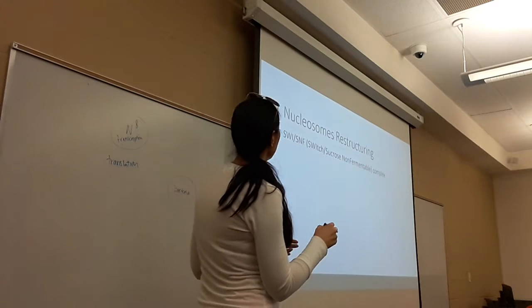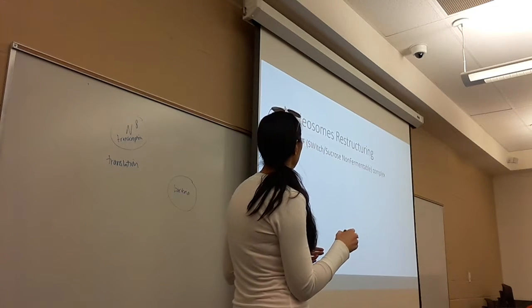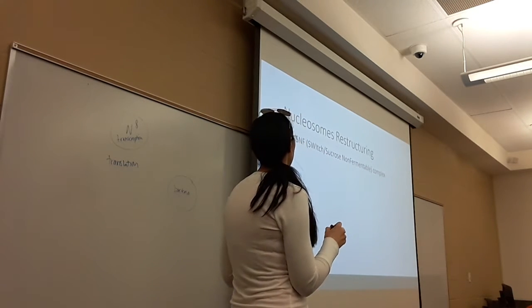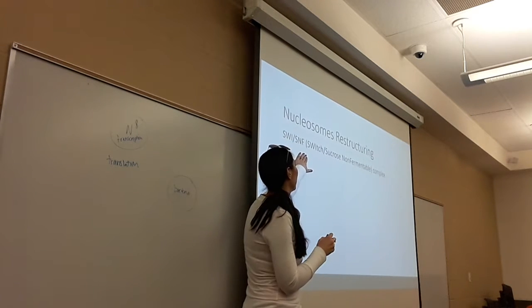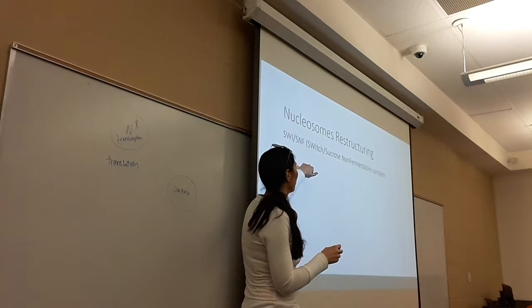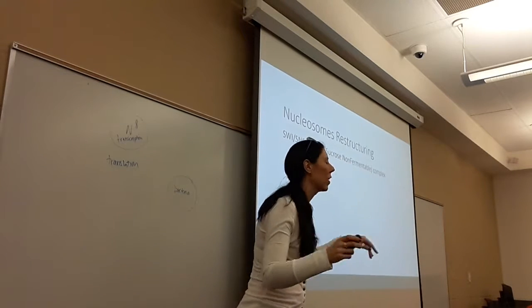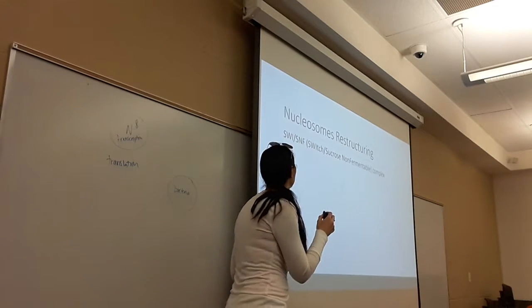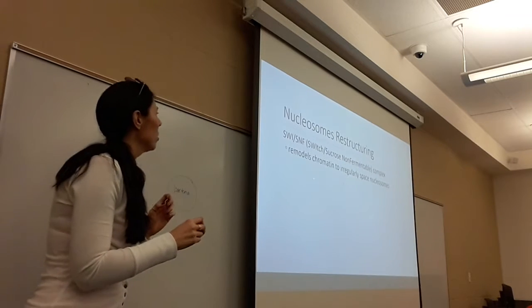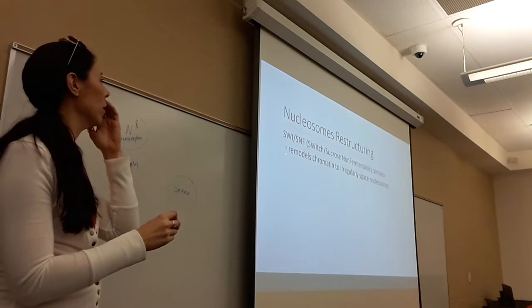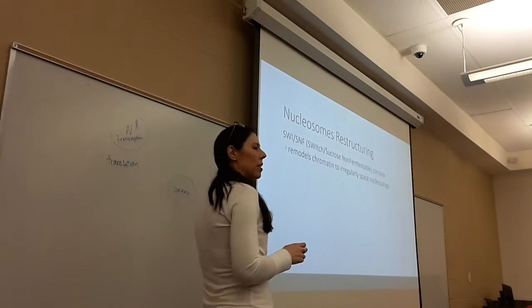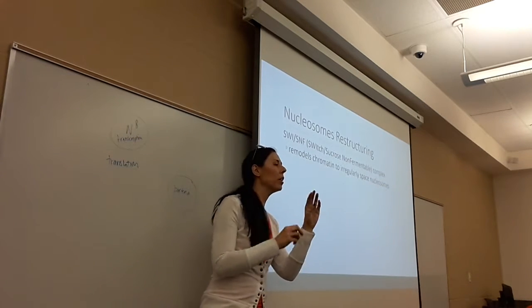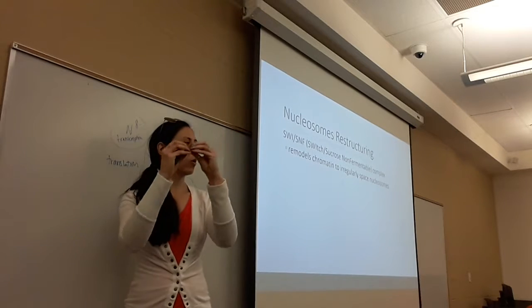So we'll first talk about the restructuring of the nucleosome. And we call this the SWI/SNF complex, which stands for switch sucrose non-fermentable. Don't worry about that, just if you wanted to know what it's called. So this is remodeling chromatin to irregularly space the nucleosomes. So normally the nucleosomes are in a very ordered fashion.